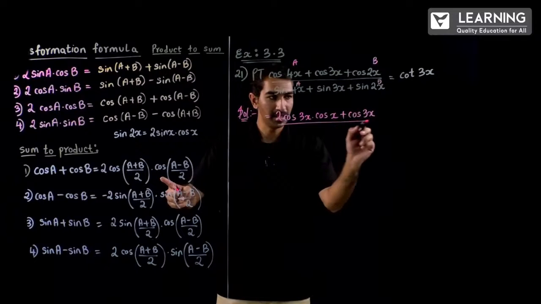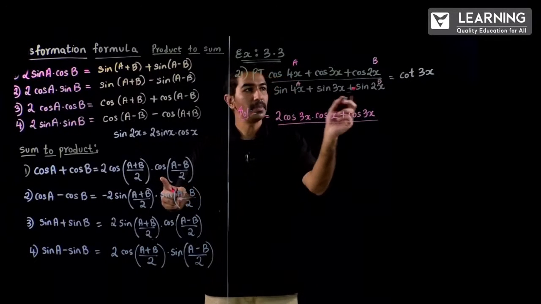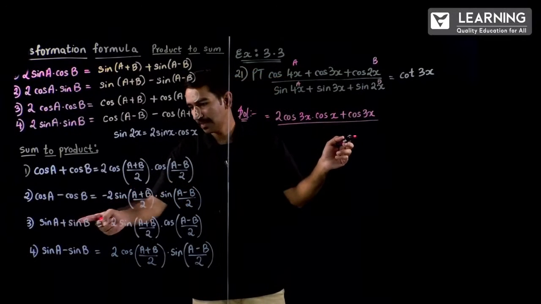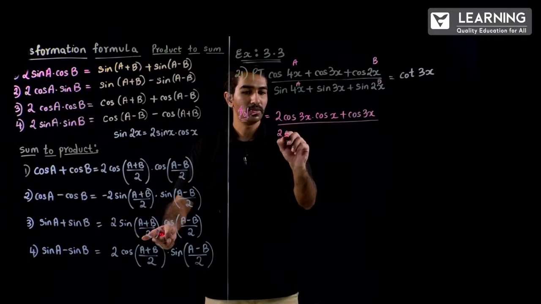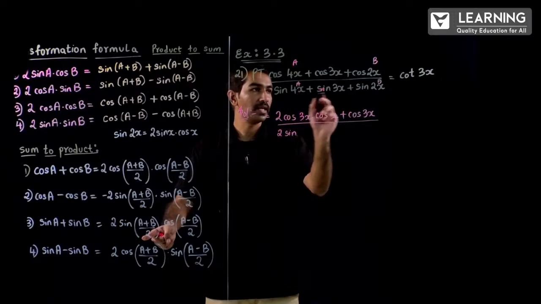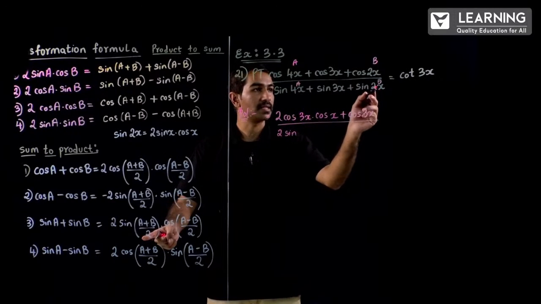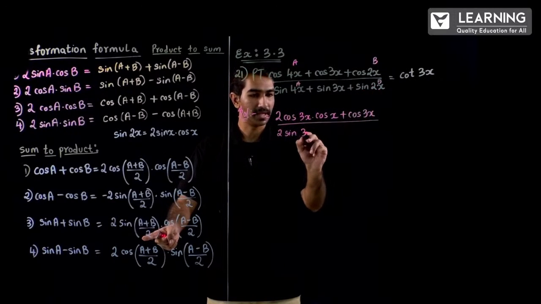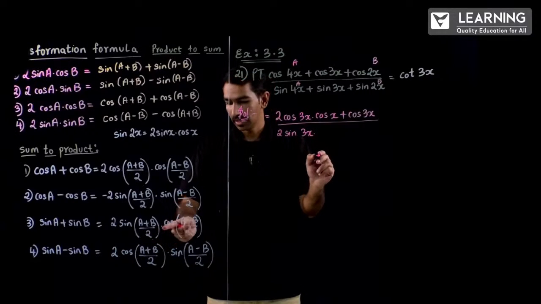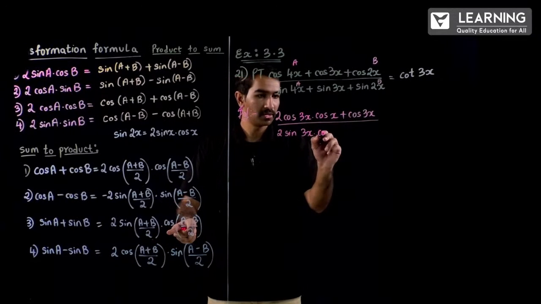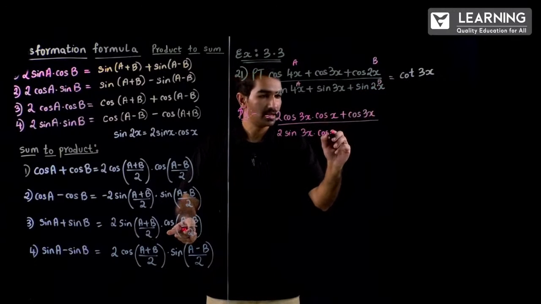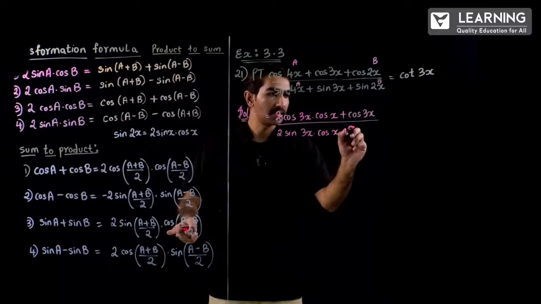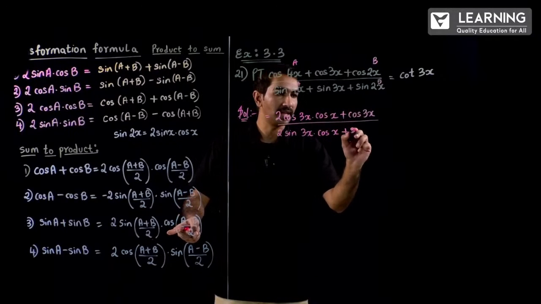The whole divided by sin A plus sin B: 2 sin A plus B by 2, 4x plus 2x, 6x, 6x by 2, 3x, into cos A minus B by 2, x, plus sin 3x.